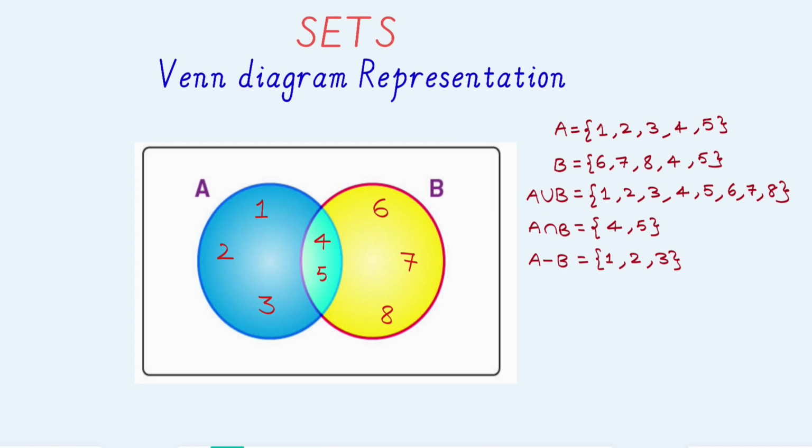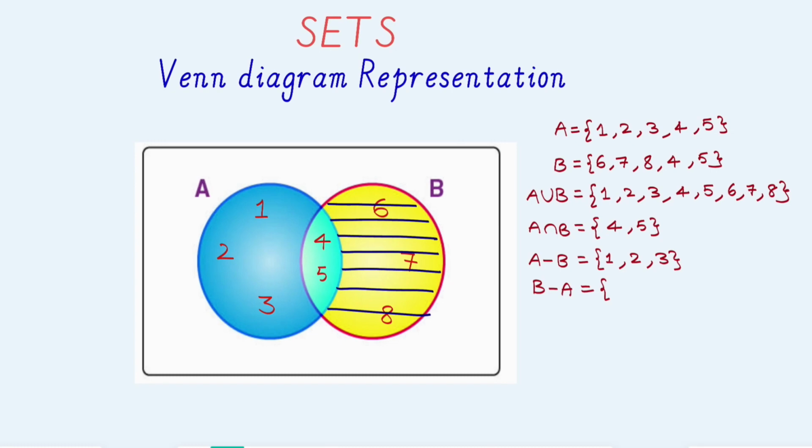Now you can tell me what are the elements of B minus A, because we already wrote A minus B. You can guess what the elements present in B minus A are. Yes, the elements which are present only in B but not in A. So here also we will not take the common elements.